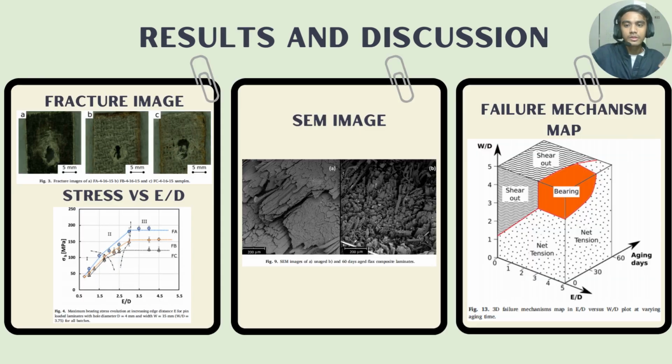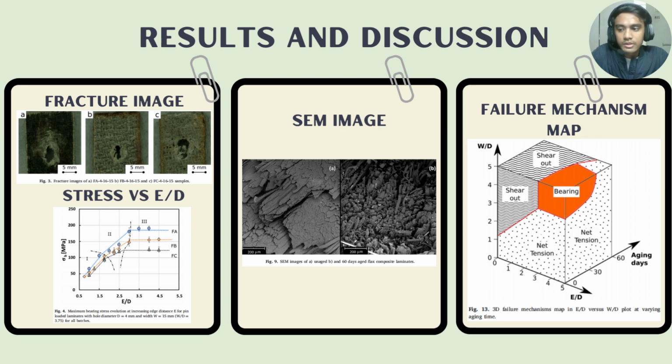Referring to the fracture images on the top, figure 3A is an example showing the collapse area on the pinhole contact surface due to bearing failure, which also causes shear cracks and delamination at the layers interface, leading to loss of mechanical joint stability. Figure 3B shows the 30 days aged sample. Only local compression collapse caused by softening due to the humid environment exposure can be seen.